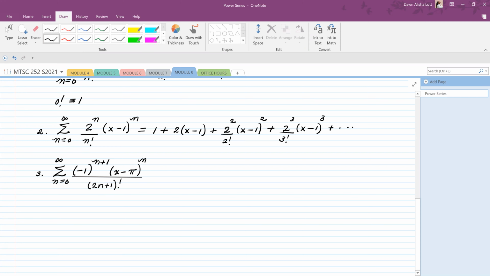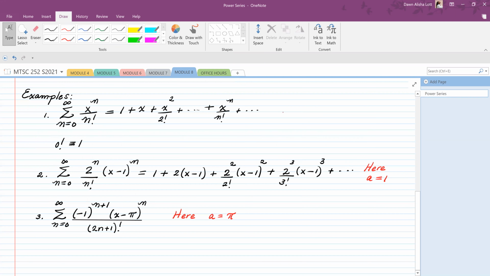Okay, so this power series is centered at x equals pi. And here, a is equal to pi. And in the first one, a is equal to 0.